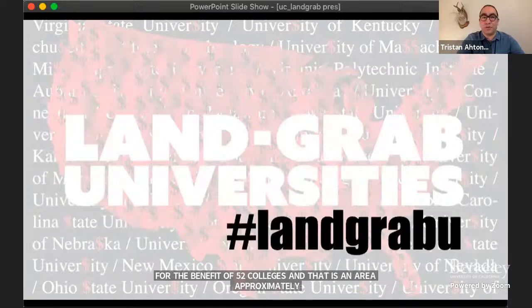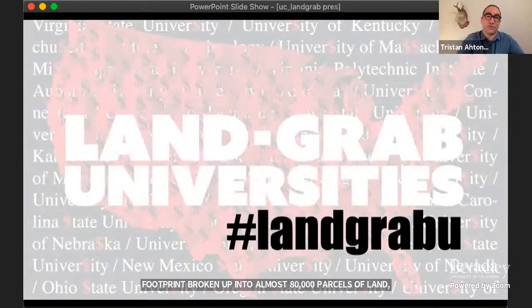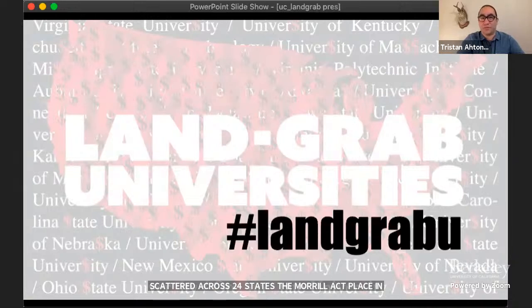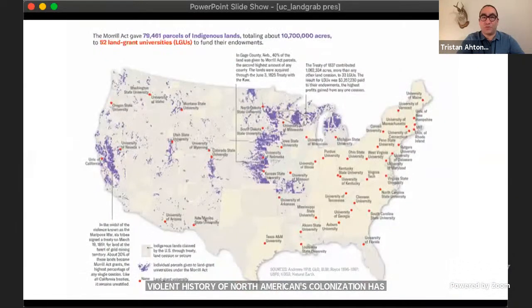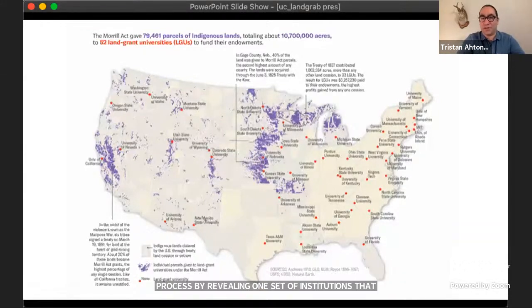But with the footprint broken up into almost 80,000 parcels of land scattered across 24 states, the Morrill Act's place in the violent history of North America's colonization has remained comfortably inaccessible. Our data maps those 80,000 individual land parcels and provides a window into that process by revealing one set of institutions that directly benefited from violent colonization.